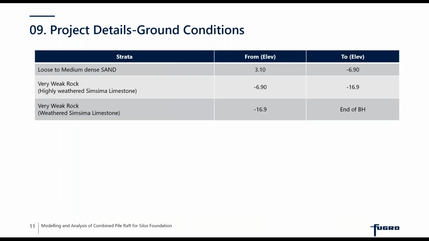Now, about the ground conditions: below the foundation level, we have loose to medium dense sand for almost 10 meters thickness, which is underlain by very weak rock, which is highly weathered Simsima limestone, again 10 meters in thickness, and then followed by weathered Simsima limestone.